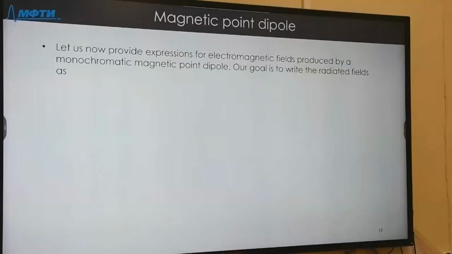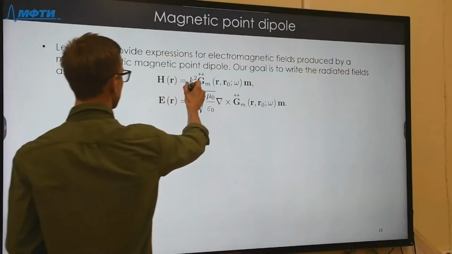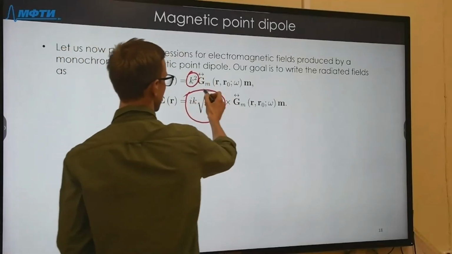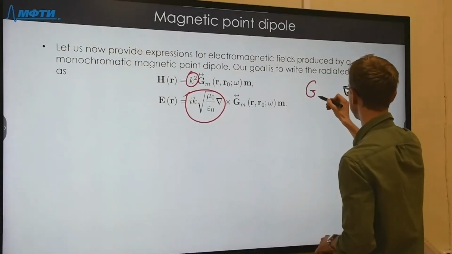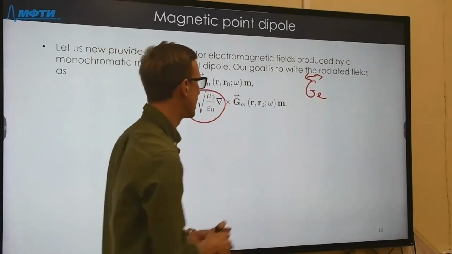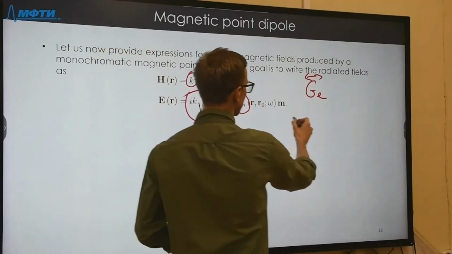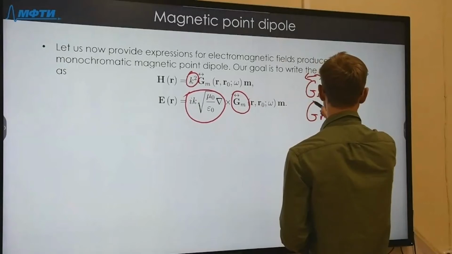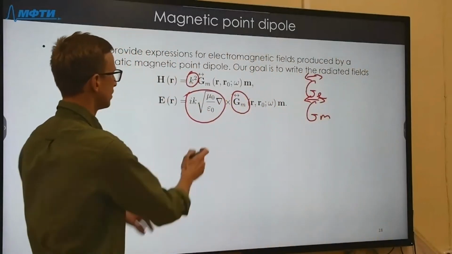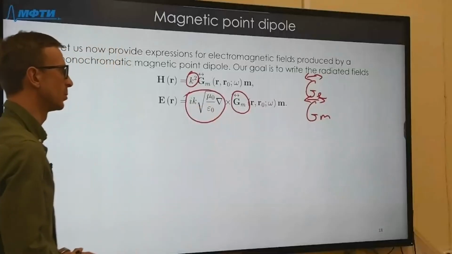Our goal is to write the induced electric and magnetic fields in this way, where the units in front of the tensors were chosen such that the electric Green tensor that we obtained just a few minutes ago and the magnetic Green tensor here have the same units. This is why we chose these constants in this particular way.